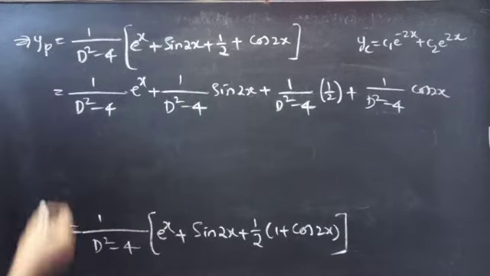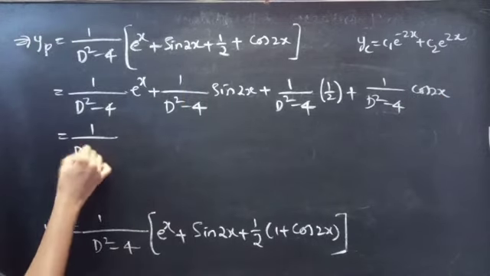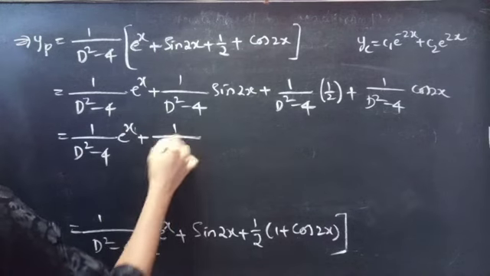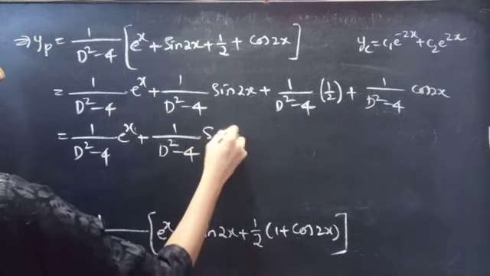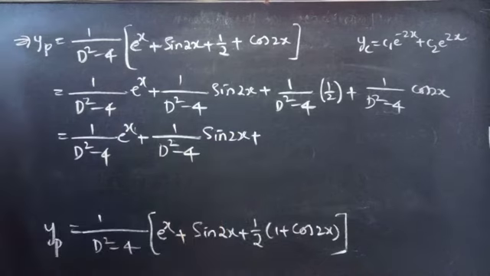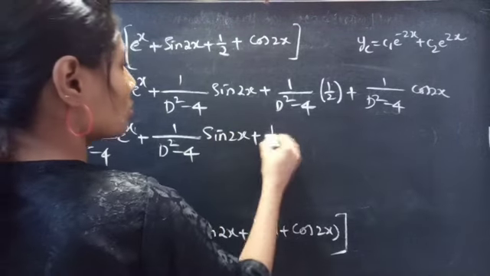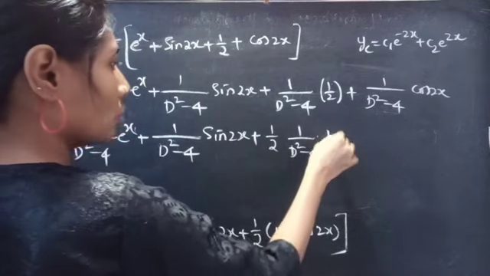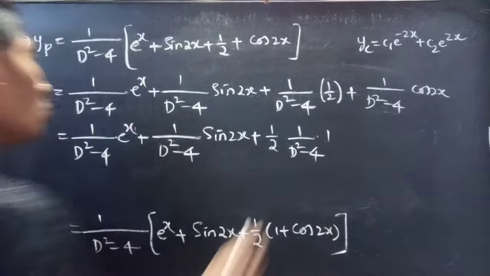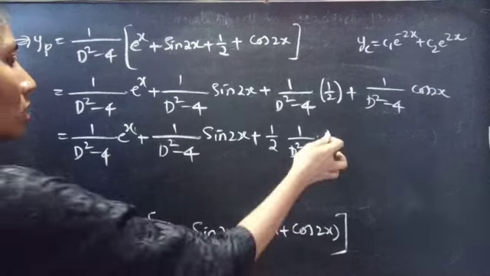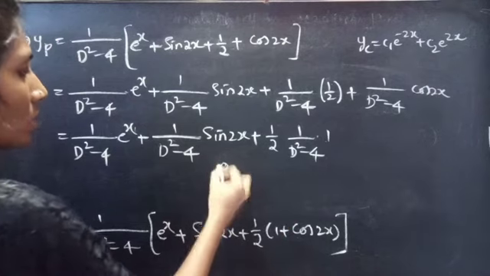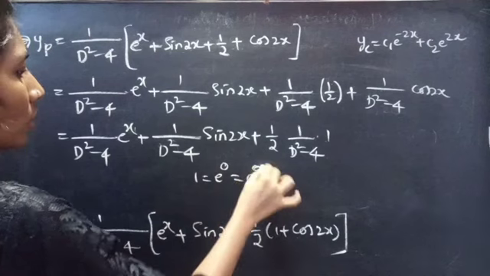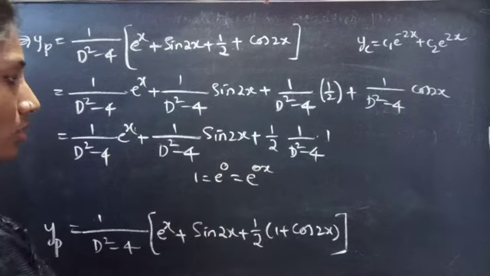This equals 1 by D square minus 4 into e power x plus 1 by D square minus 4 into sin 2x plus, here you have a constant, right? Write this constant as 1 by 2 into 1 by D square minus 4 into 1. Here we'll write this 1 as e power 0, which we can also write as e power 0 into x, right?